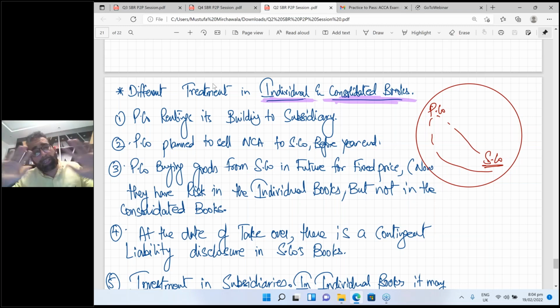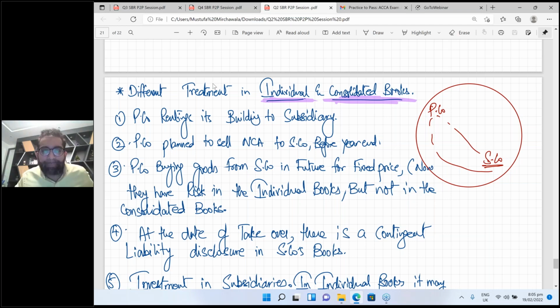That means the deal was confirmed. So when this is a confirmed thing, in the individual books of the parent company we should apply IFRS 5 non-current assets held for sale, and we should treat this asset as a current asset.